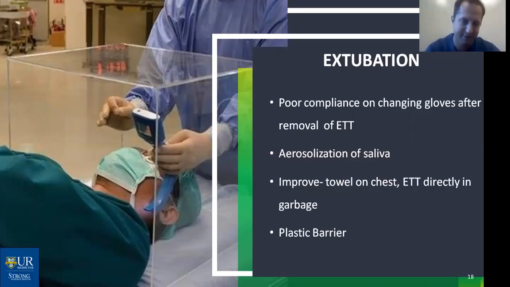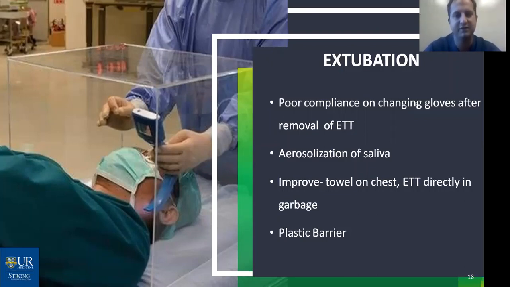And then if anybody worked in, I think it was March and April, with Dr. Carell, she had a plastic barrier, which I think they were working on at Dartmouth in New Hampshire, as a possible way to reduce environmental OR contamination from intubating and extubating patients. There's a picture of it there on the left. You can see it's just a clear plastic barrier that you can put your hands through, kind of like an incubator.